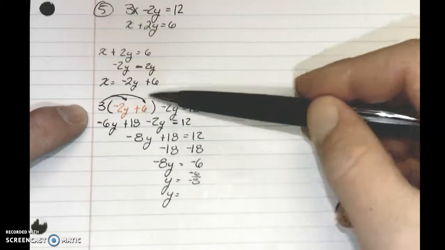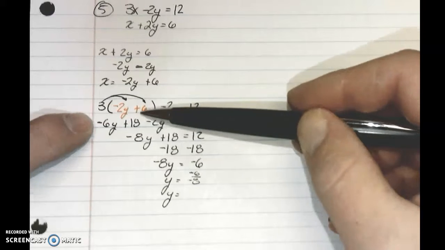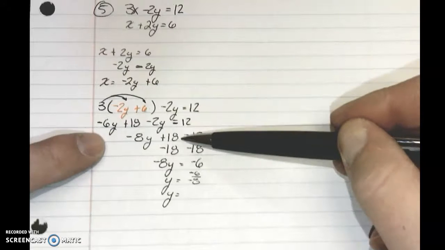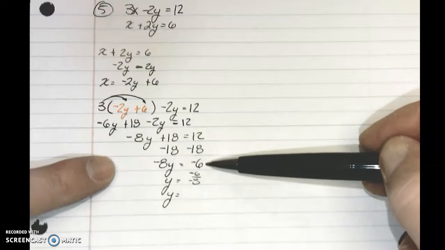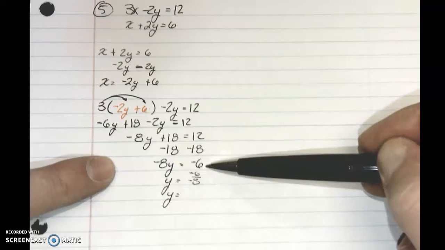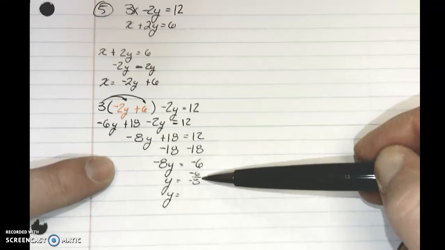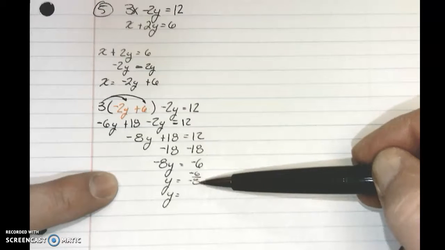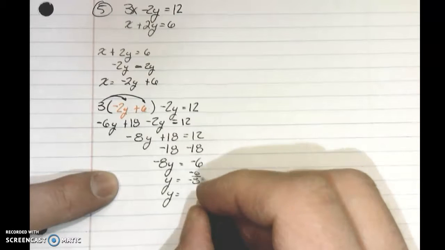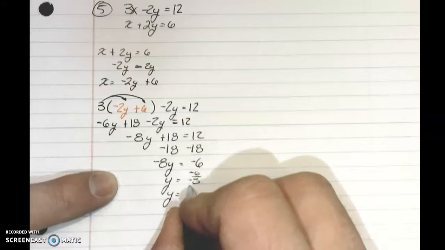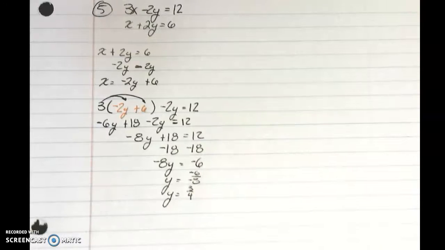So I distributed, and then I combined like terms, subtracted the 18 from both sides. Here I divided by negative 8, and then I got negative 6 over negative 8. The two negatives are going to cancel out, and the fraction is going to reduce. I can take out a 2, so that's going to be 3/4, okay?